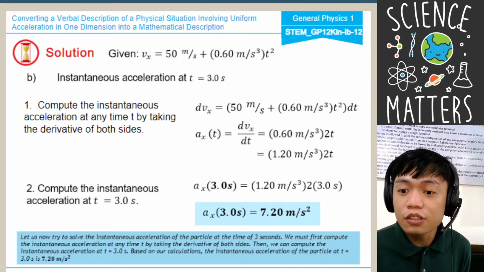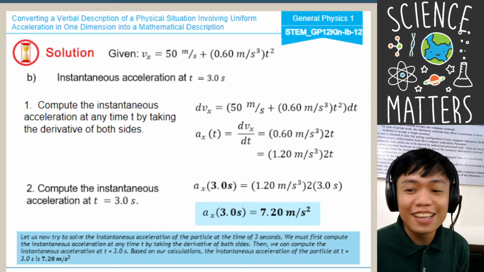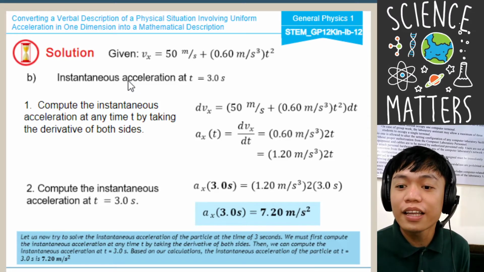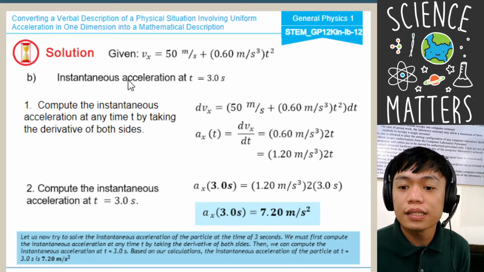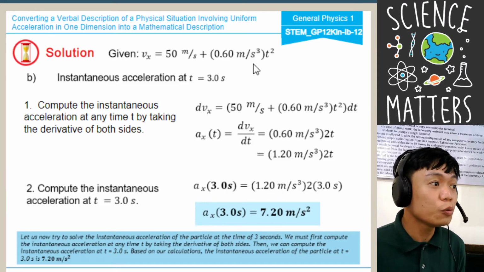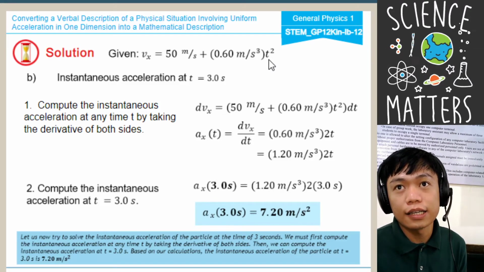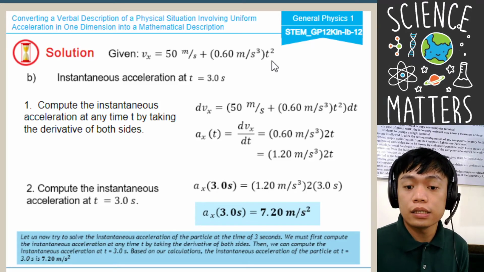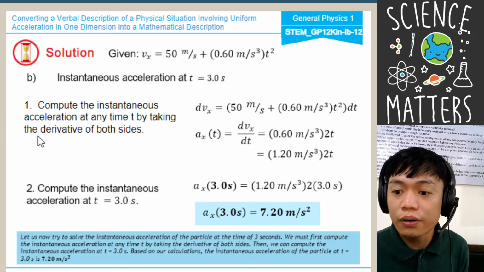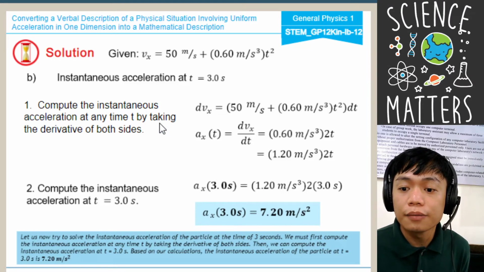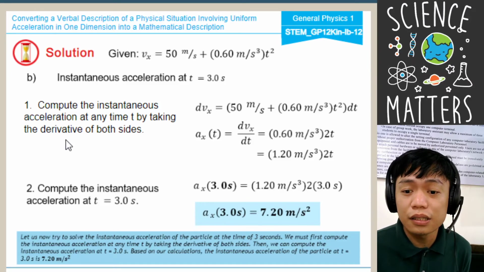Instantaneous acceleration at t equal to 3.0 seconds. The given values here are 50 meter per second plus 0.60 meter per cubic second multiplied by the value of t squared. Now we compute the instantaneous acceleration at any time t by taking the derivative of both sides.